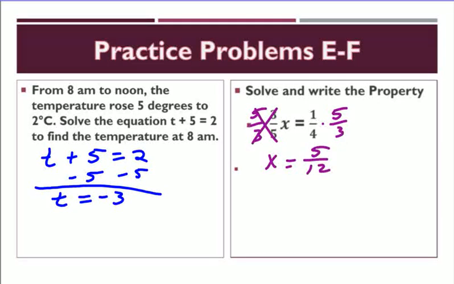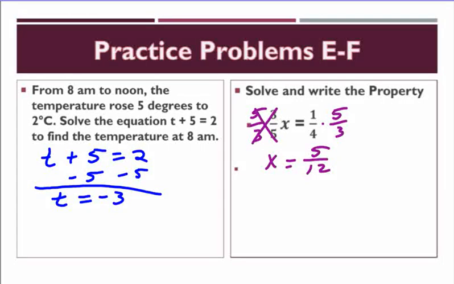5/12. And my property, since I'm multiplying by the reciprocal, this one, you're dividing by a fraction as well. So we could consider this one either multiplication or division.